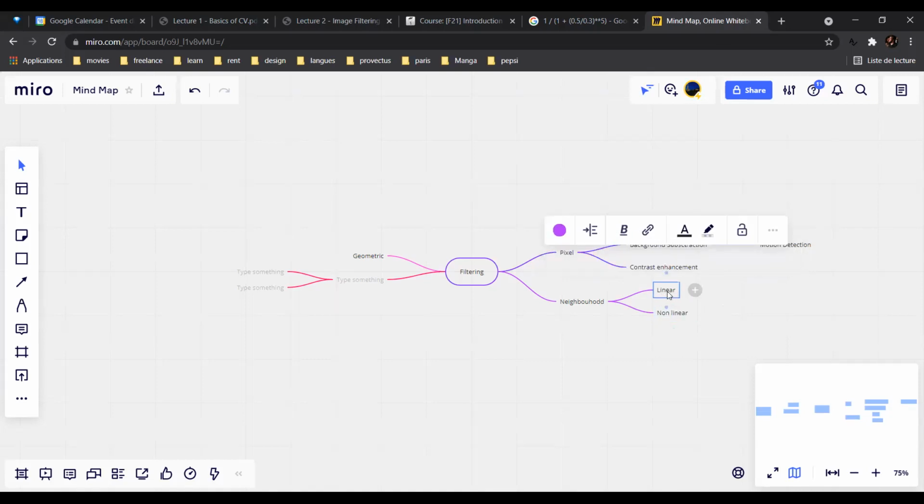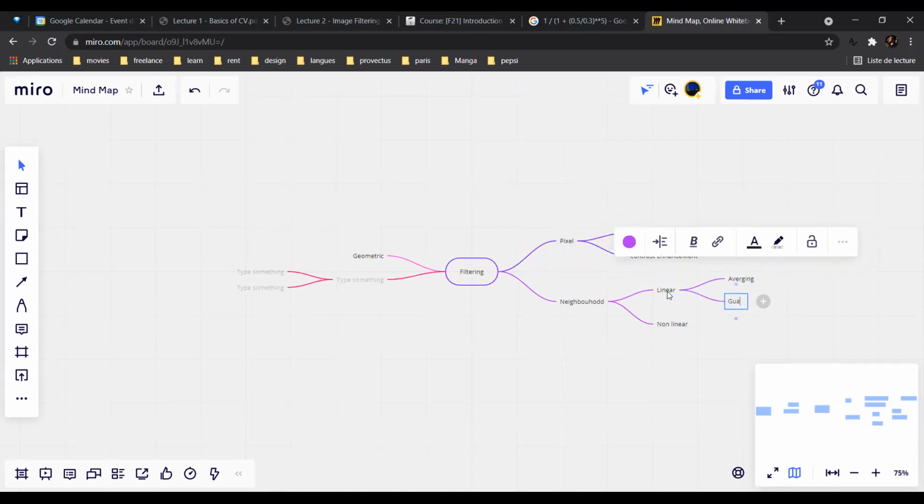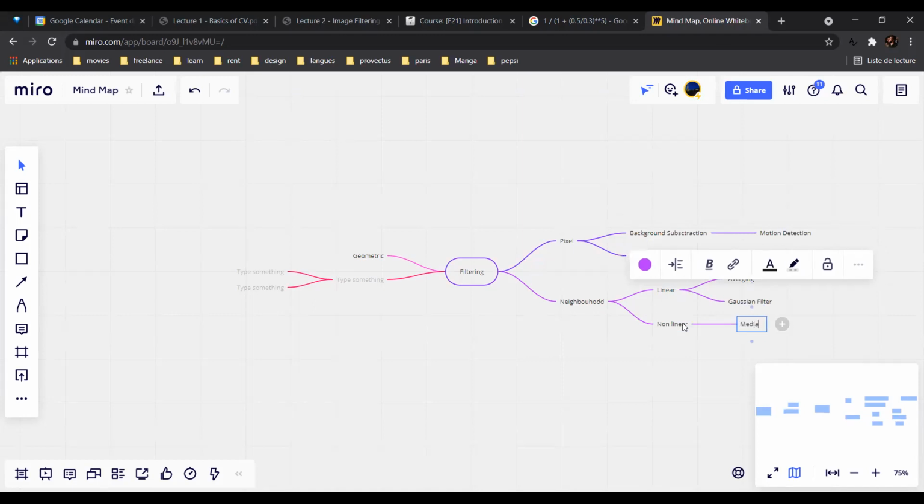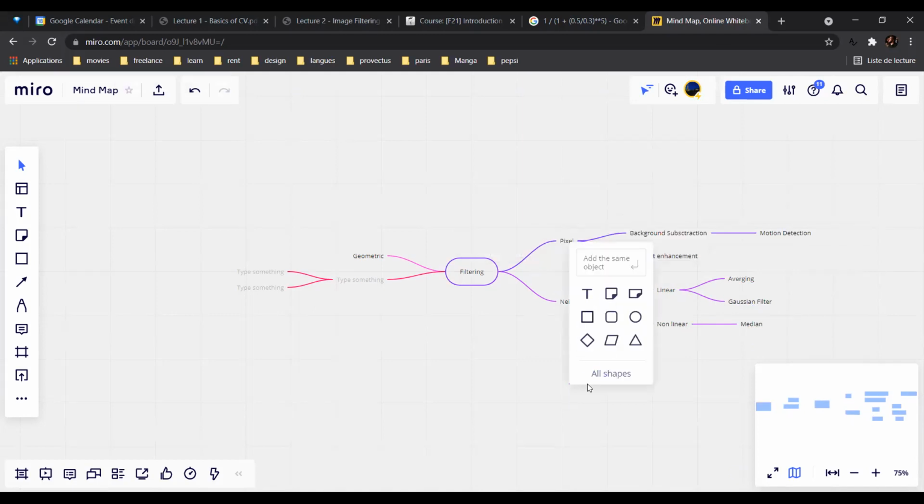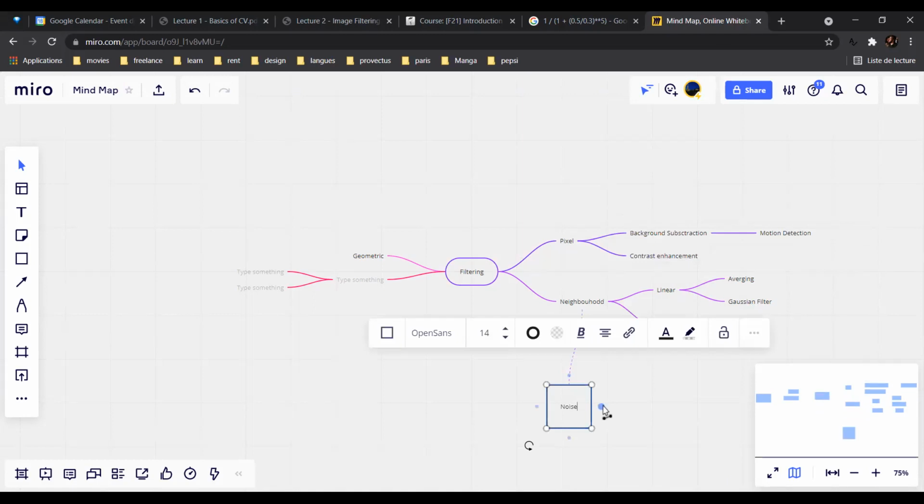So the linear, we had averaging and we had the Gaussian filter. For nonlinear, we had the median. Can somebody tell me what they are used for? To remove noise, for example. Yep, noise removal or blurring. This is what they're used for.